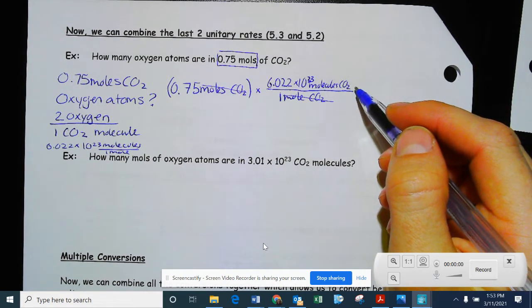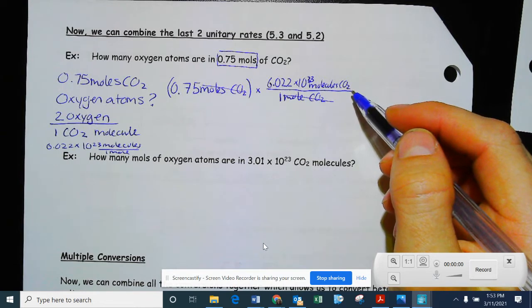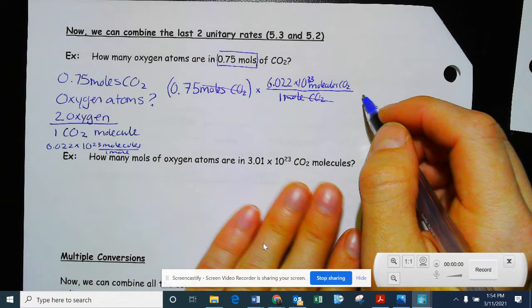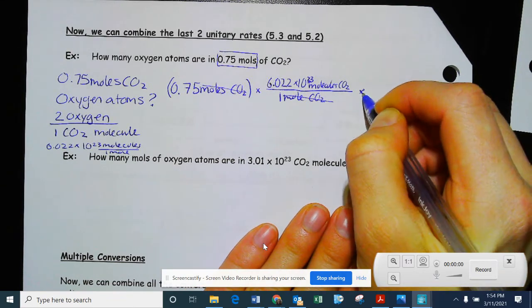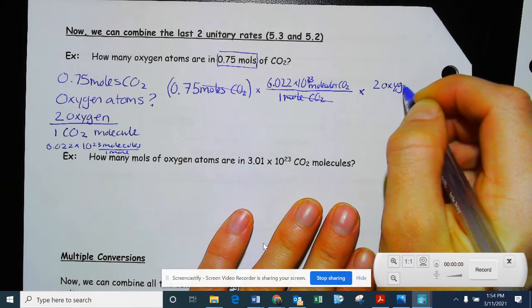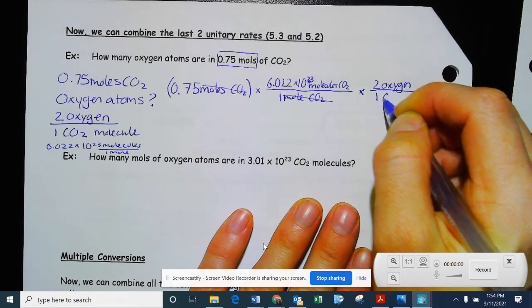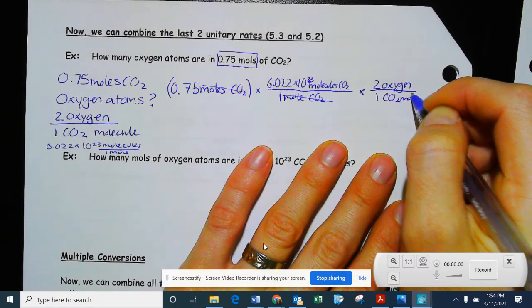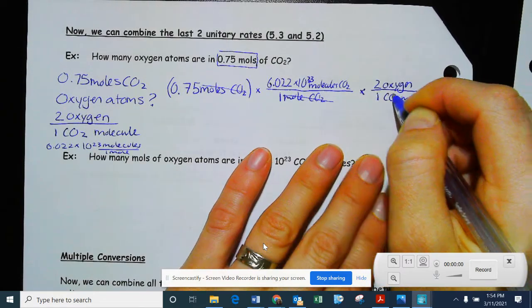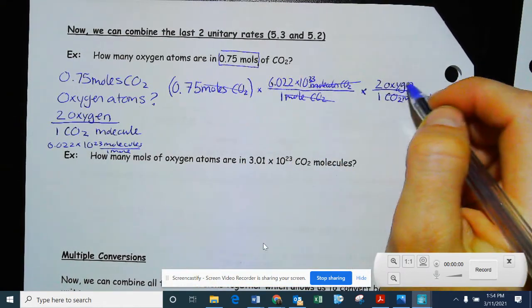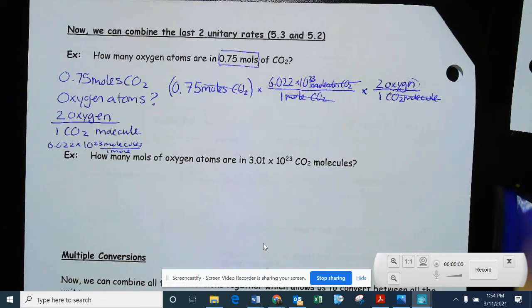But it's not asking for molecules of CO2, it's asking for how many atoms of oxygen are in there. So now what I need to do is go, okay, I have got 2 oxygens for every 1 CO2 molecule. So then that's canceling out CO2 molecules, and I'm left with oxygen as my unit.